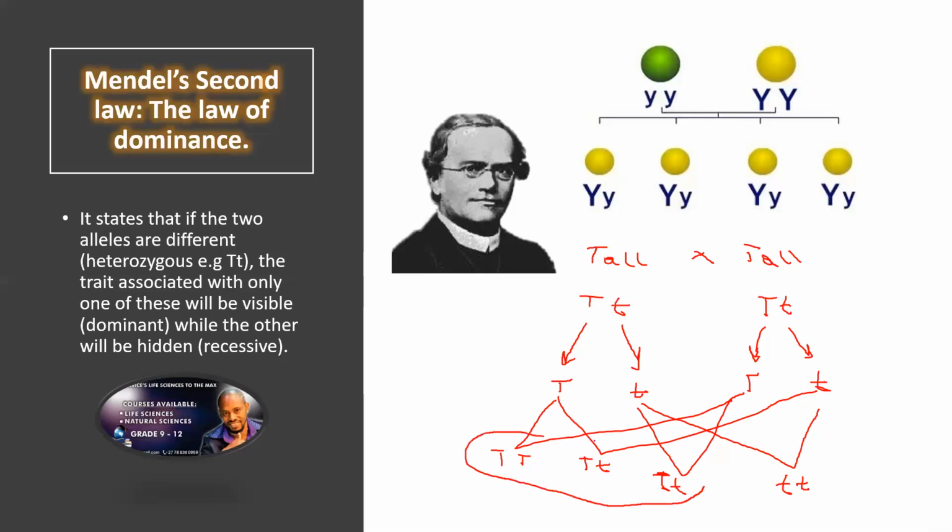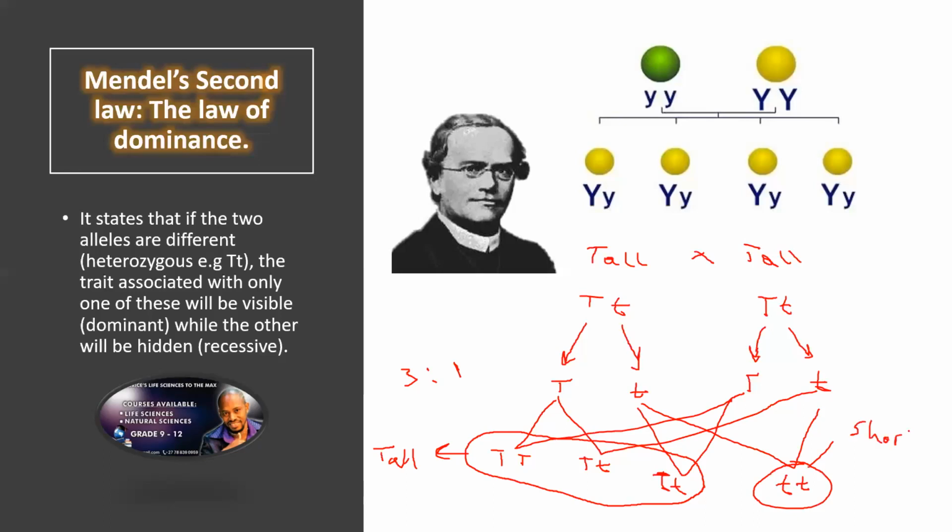He realized that out of 4 offspring, always 3 of them, that gives us a ratio of 3:1, 3 of them were always having the characteristic of the very first parent, which was tall. And to his surprise, one of the offspring was actually short.